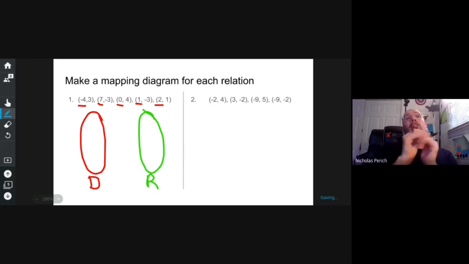And then what I do is I write out these numbers in order, from least to greatest. So I have -4, 7, 0, 1, and 2. My goal is to make sure that I put the smallest number up here. The smallest number out of -4, 7, 0, 1, and 2 is -4.